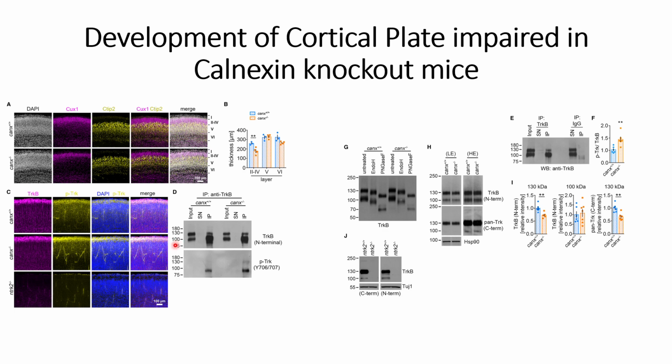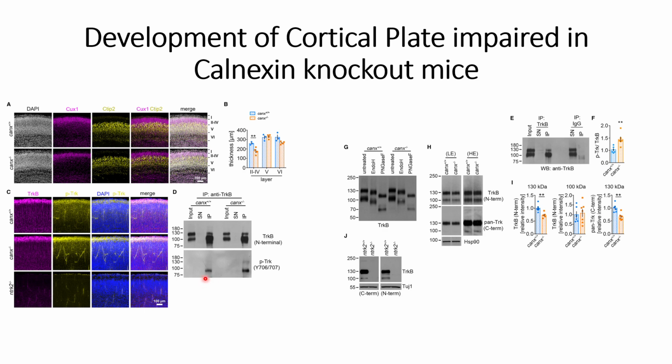They attributed this difference to the difference in glycosylation of the phosphorylated TRKB and the cell surface TRKB. So in the case of phosphorylated TRKB, they can see that more phosphorylated TRKB is present compared to the normal cell surface TRKB when calnexin is present within the samples.